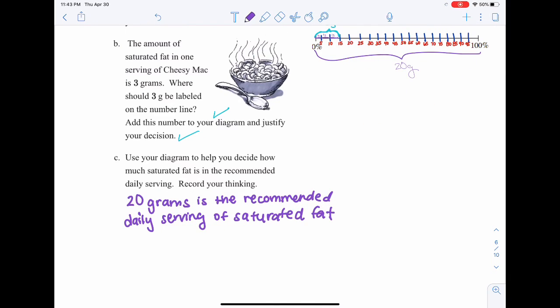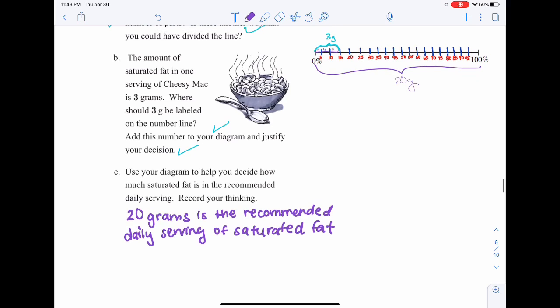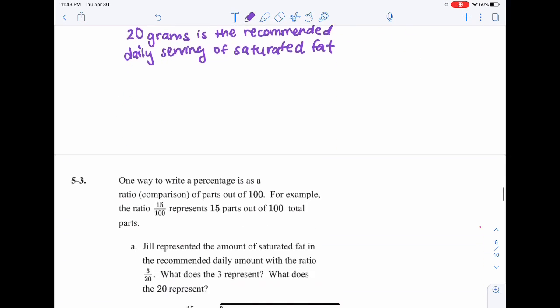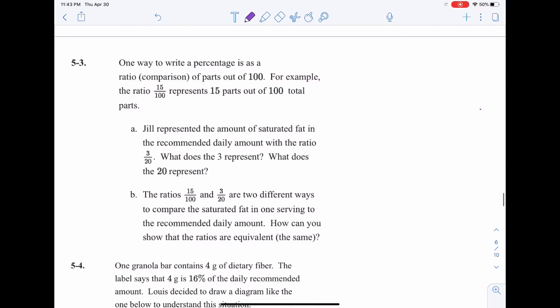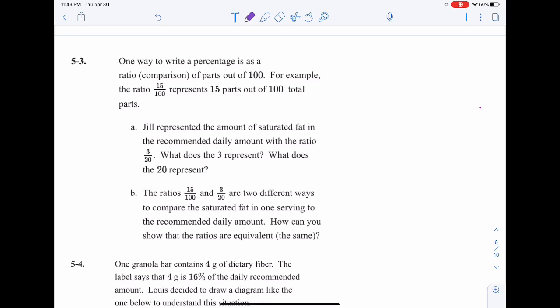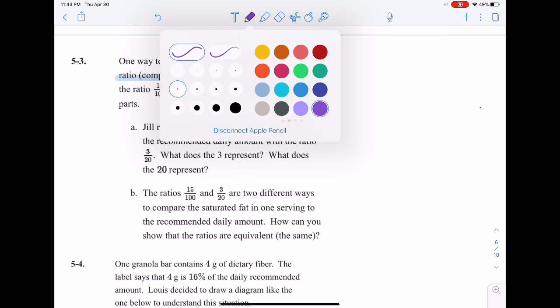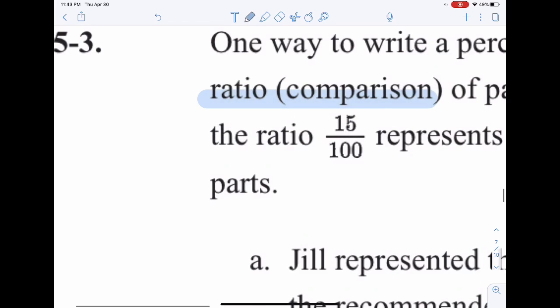Okay, so we're also going to be using this problem and this scenario to answer the next questions. It says, one way to write a percentage is as a ratio or a comparison of parts out of 100. So remember, ratio is another fancy word for fraction. So I'm just going to go ahead and write that.